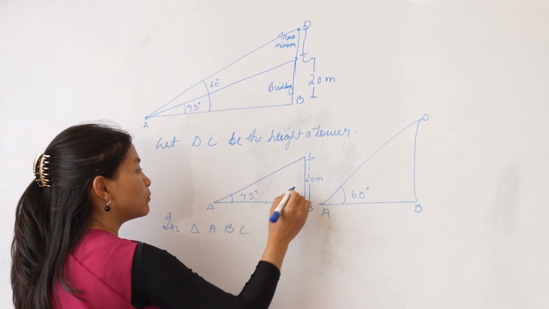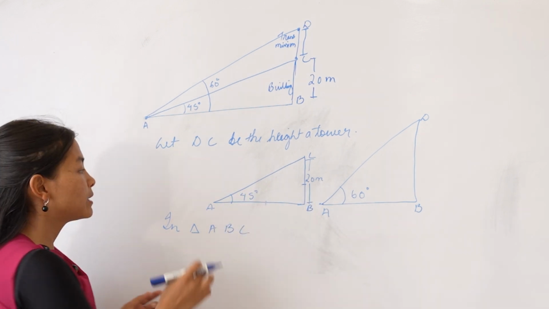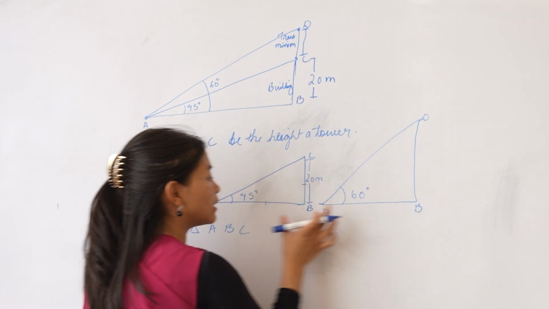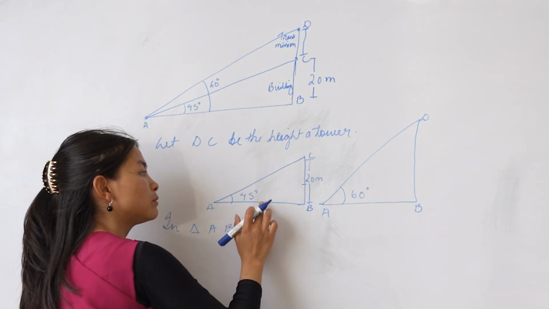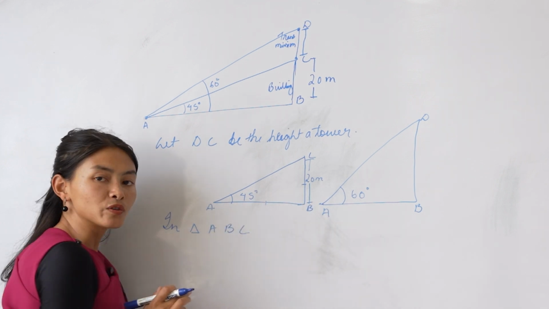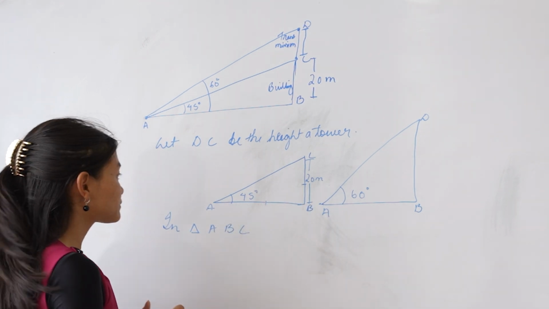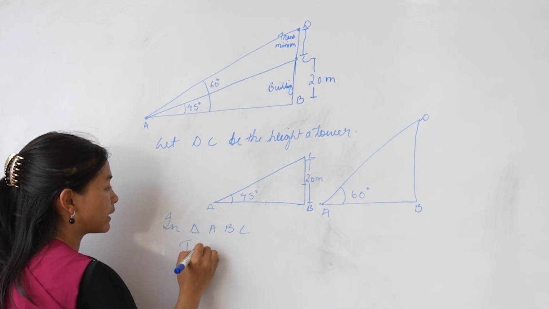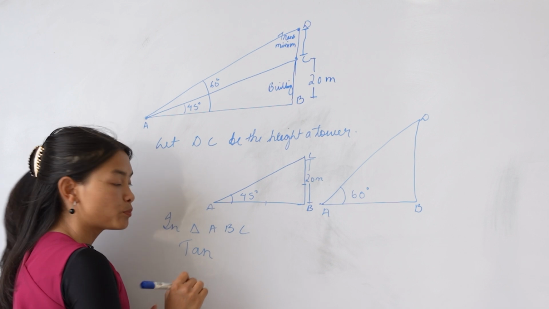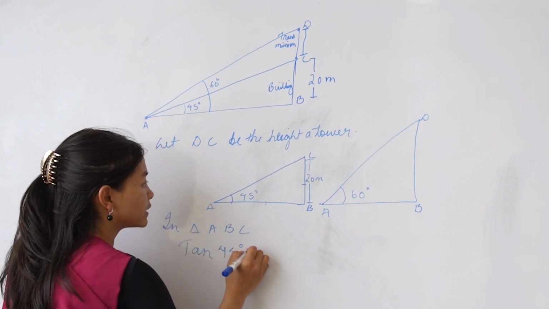In both problems we need to find AB, but AB is common. We have the base and perpendicular. So from trigonometric ratio, perpendicular by base is tan. The angle here is 45 degree.